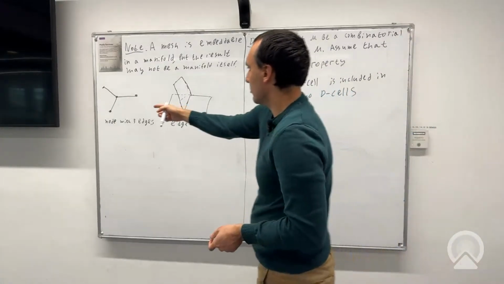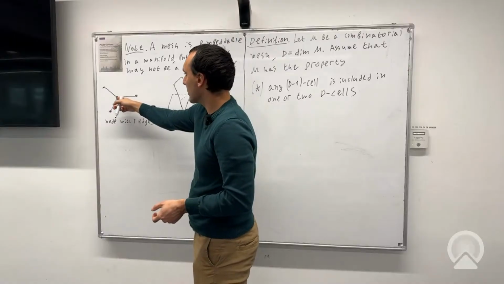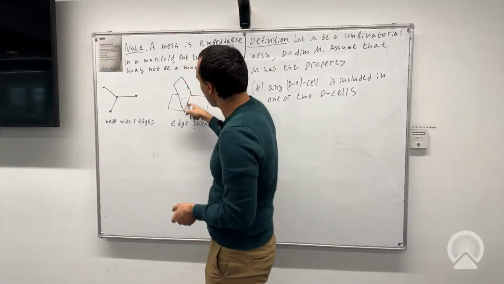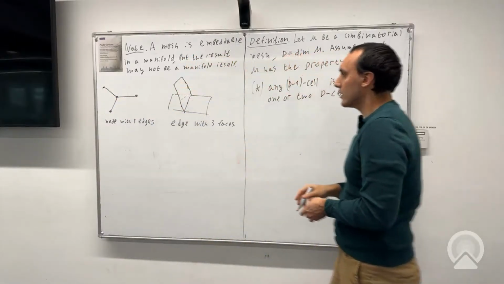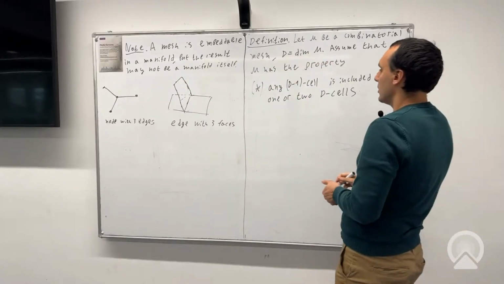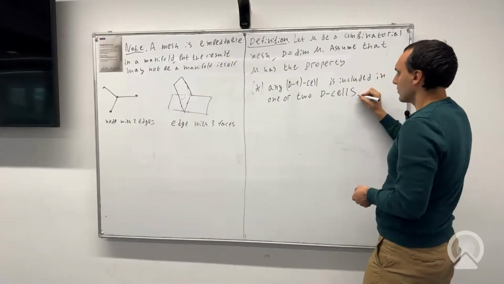So here, this is not a 1D mesh because a zero cell has three edges, and this is not a 2D mesh because a one cell has three faces around it.